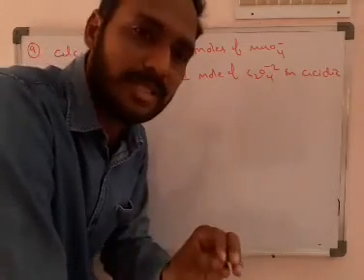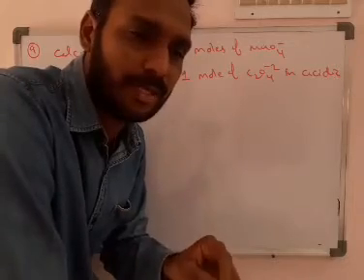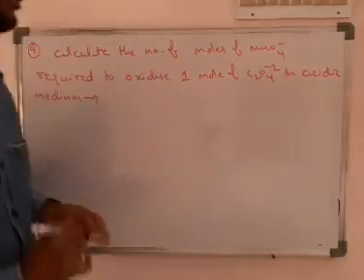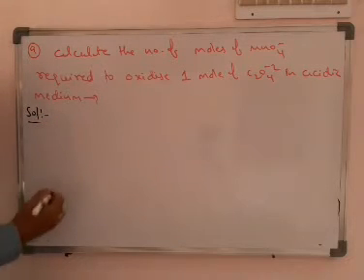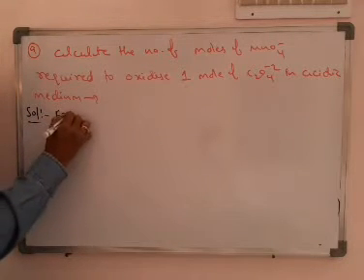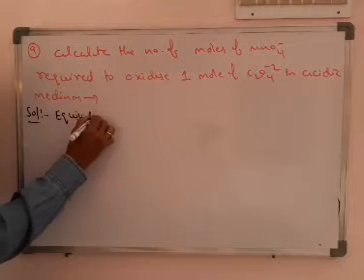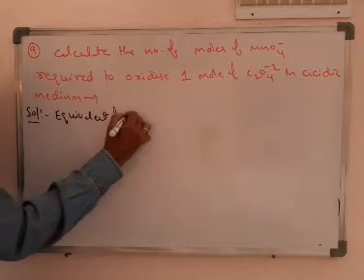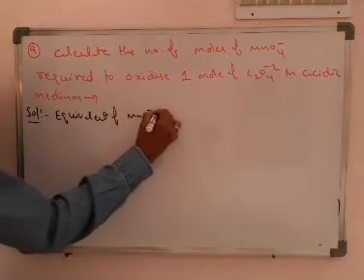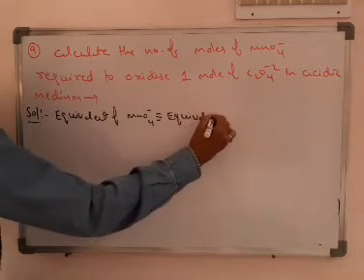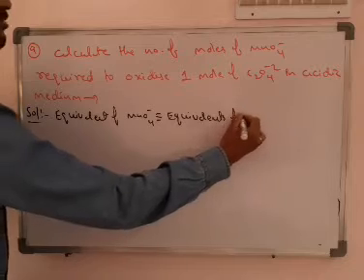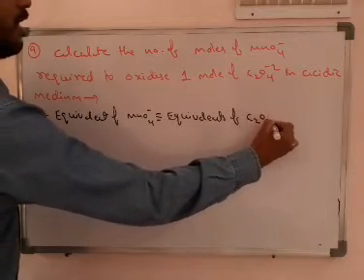The difference is that the last problem was in basic medium, and this problem is in acidic medium. If the reaction takes place between the two species, we can write: equivalence of MnO4 minus is exactly equal to equivalence of oxalate.